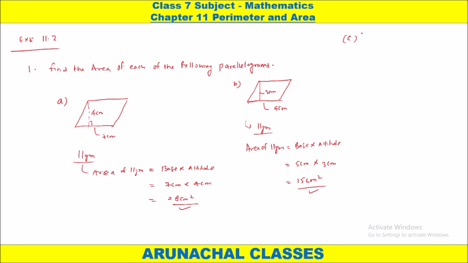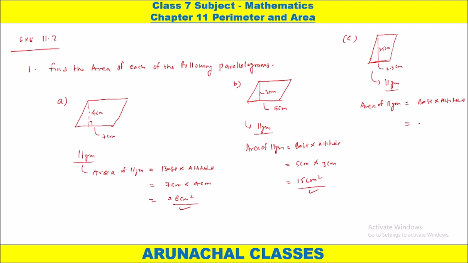Let us have the C. Here the figure is given in this way, which almost represents a parallelogram. Here the altitude, which is perpendicular on the base, is given as 3.5 centimeter and the base length is given as 2.5 centimeter. To find the area of the parallelogram, we need the formula, base multiplied with altitude.